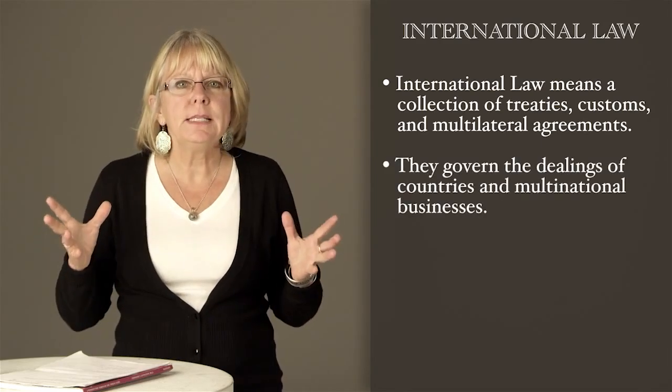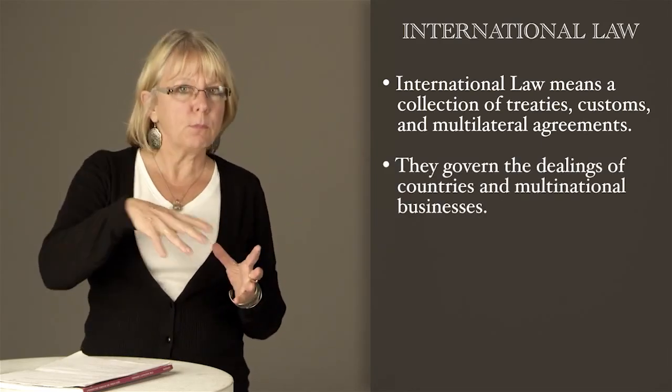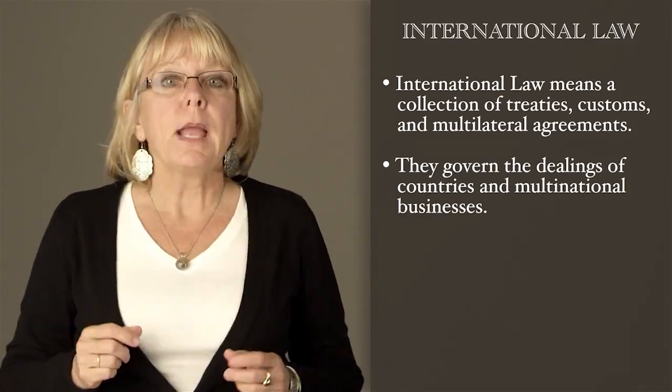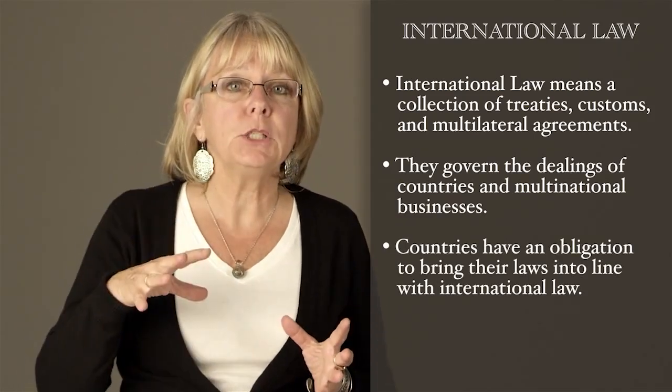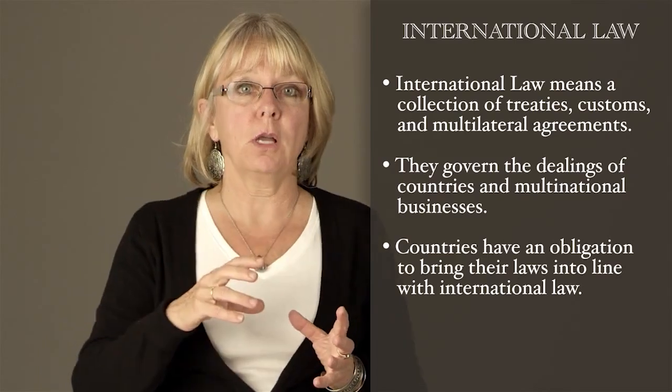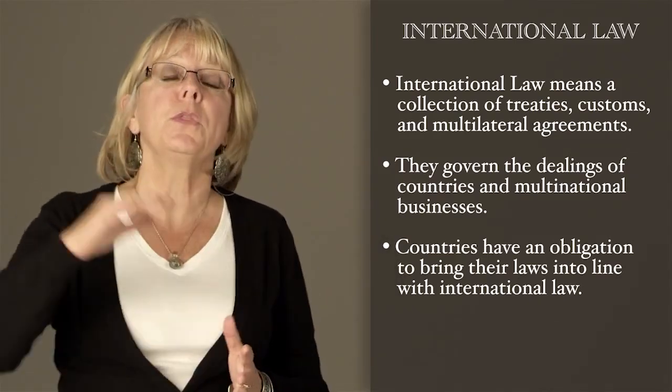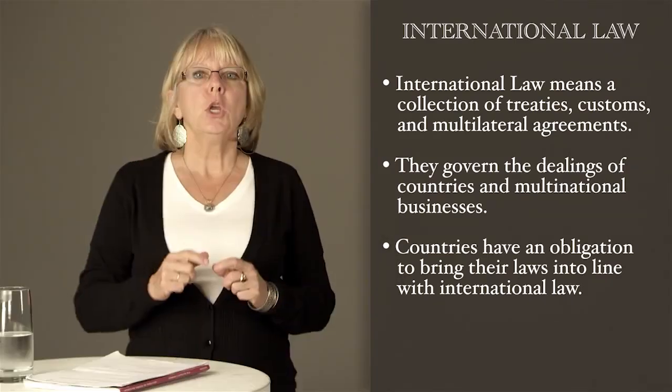They govern the dealings of countries and multinational businesses. And countries have an obligation to bring their laws into line with international law. To understand how international law has evolved, we must first look at the international law concept of sovereignty.